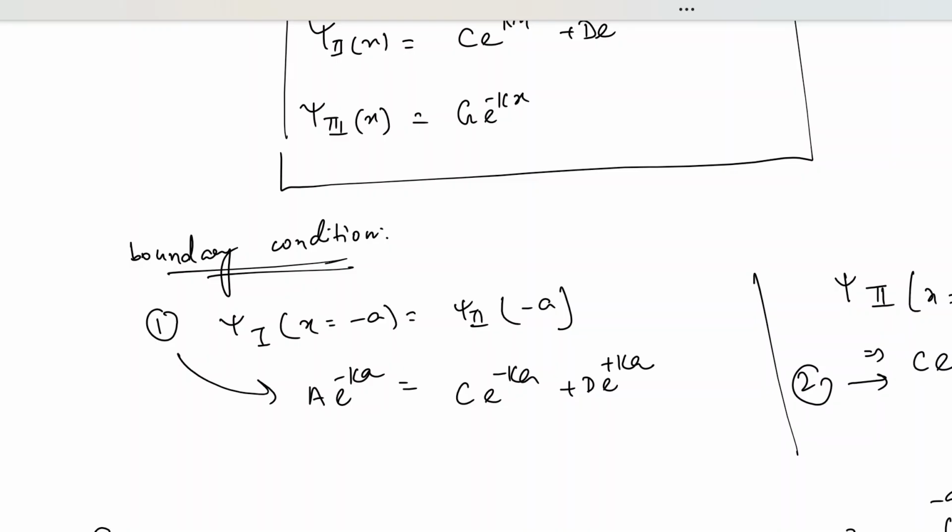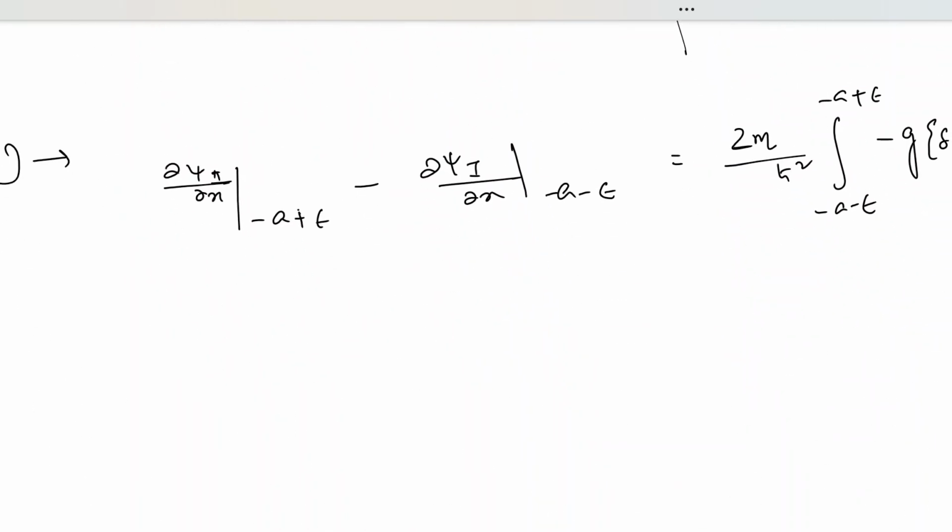Now if you know the Dirac delta function properties, you will know that around minus a you are taking a very small limit because this epsilon is tending to 0. So in this limit only the term delta(x plus a) survives, which will give you minus g psi 1 of minus a.